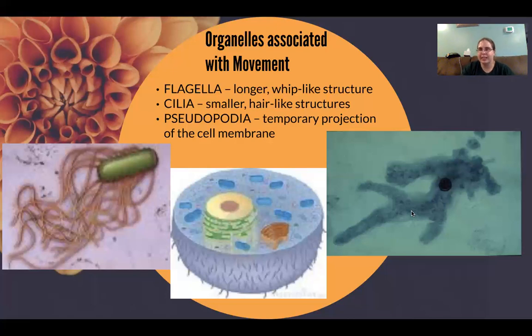Think kind of like how snakes move, how they kind of stretch forward, and then you see all the muscles bunch up as it drags the rest of it. It's very similar to that idea, or like a worm. But think about this more on a cellular level. So amoebas tend to do this. They stretch out these finger-like projections, and then they'll stream the cytoplasm into it, and that'll cause the rest of it to be dragged forward.